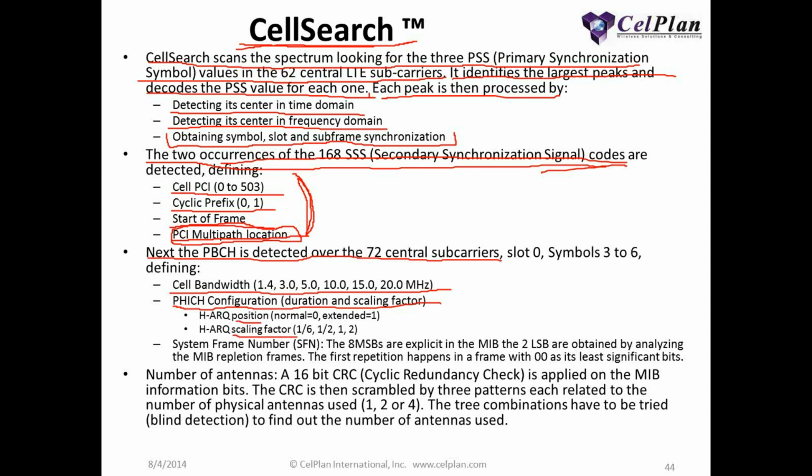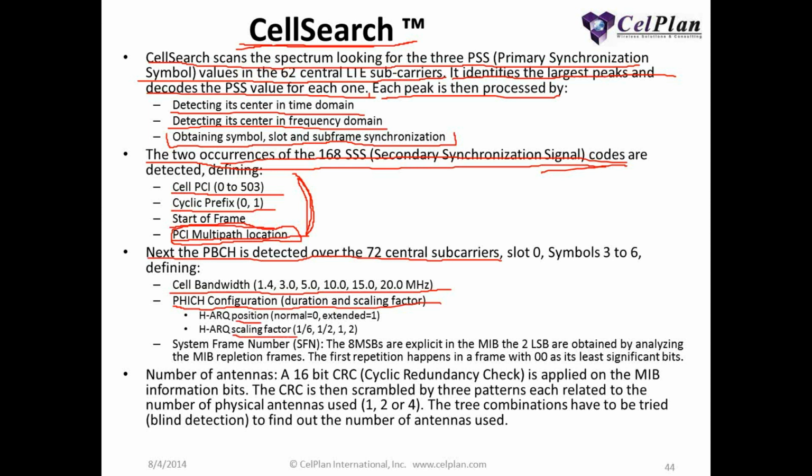And this is also a very tricky thing, because in the MIB we only decode the 8 most significant bits, and the 2 least significant bits we need to detect over 4 frames. So in 1 frame we can detect the 8 most significant bits, but then we need a sequence of 4 frames to be able to detect the least significant bits of the system frame number.